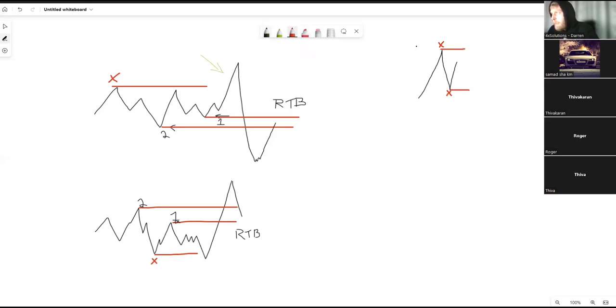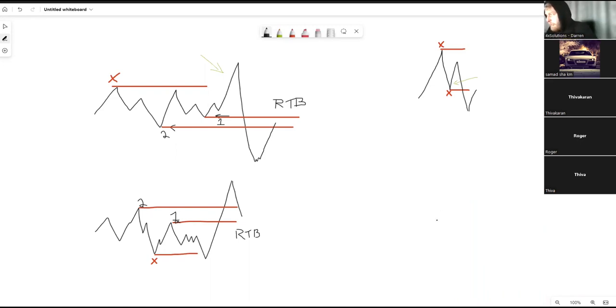The fact that price makes a failure swing by trading here is what we refer to as the mitigation block. So your mitigation is in this area here, so that if price returns back there, that is your mitigation.